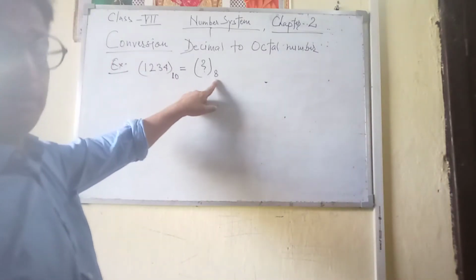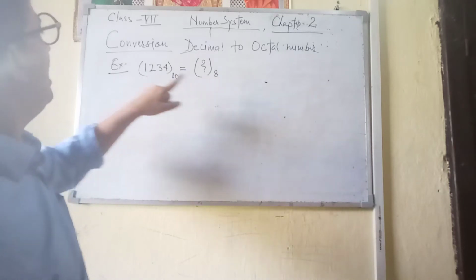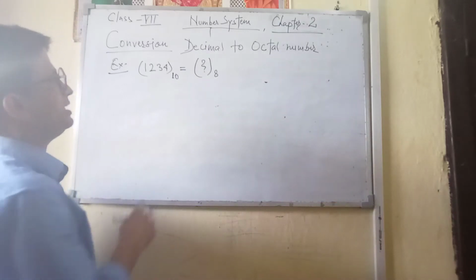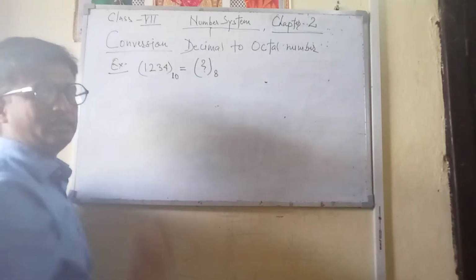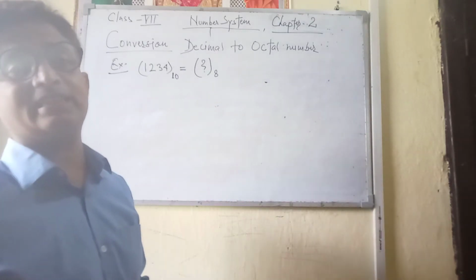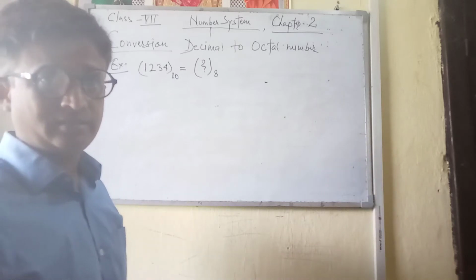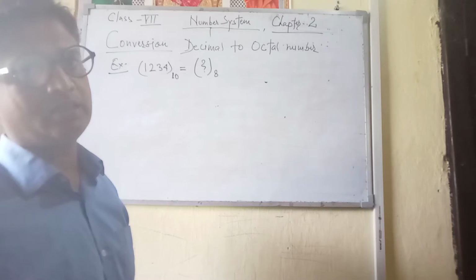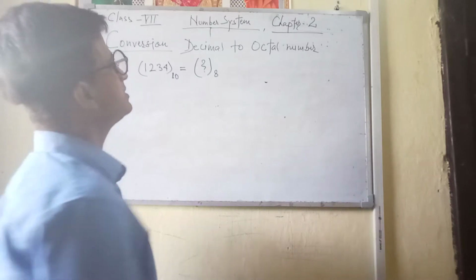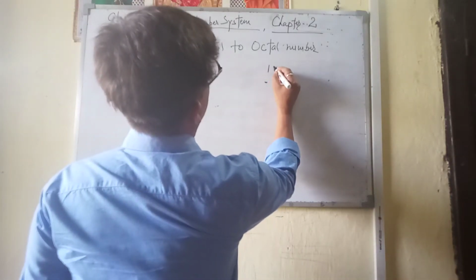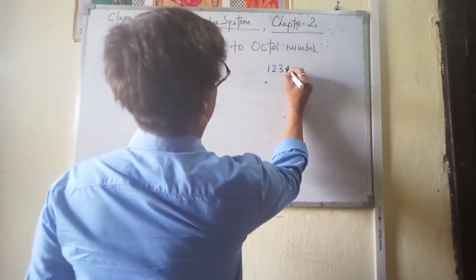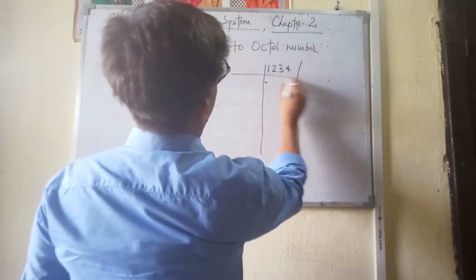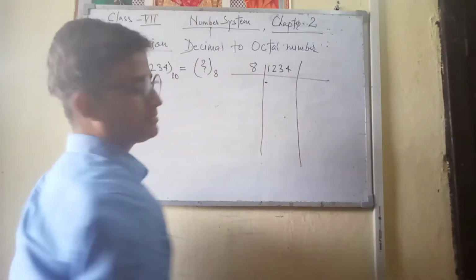So the base will be 8 here, and for the decimal number the base will be 10. Now watch me how to calculate this. You have to divide it by 8 continuously until we get 0 or 1. So here 1234 is the number. Divide it now by 8.